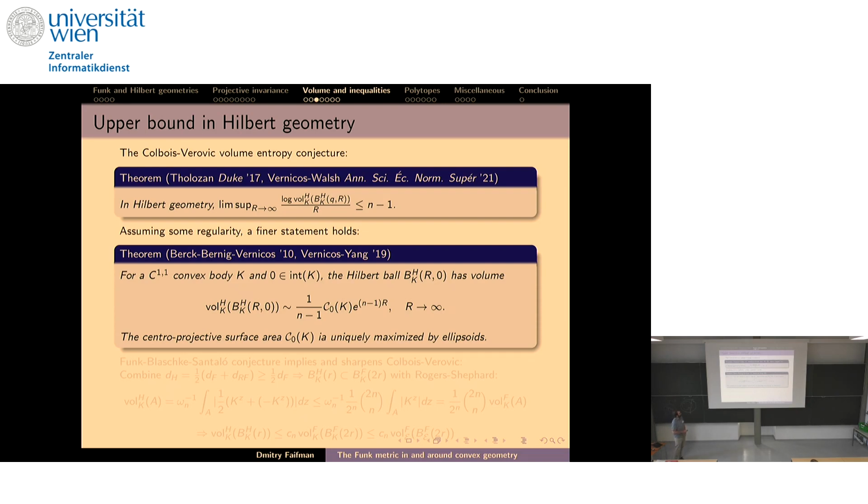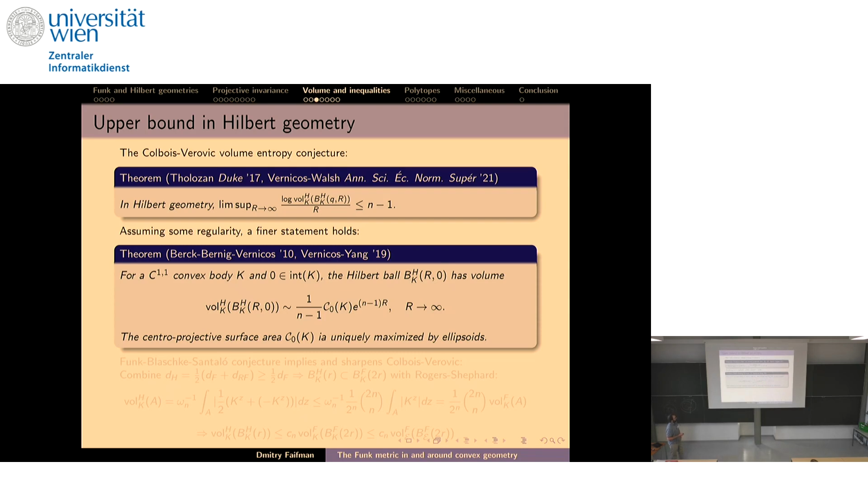And in fact, if you assume some regularity, then you can be more precise than that. If the body is sufficiently regular, then the exponent is exactly n-1, and then you can start looking at the coefficient, how it depends on k.